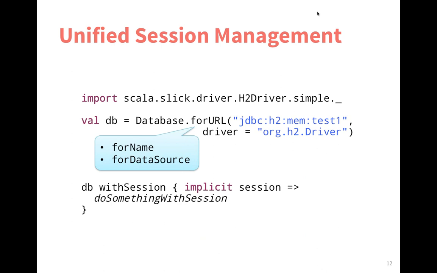When you have that DB object, you use something like withSession and pass that a block that will execute within the session. You can see we're marking the session as implicit here, and that's usually what you want to do. Every method in Slick that needs a session, so every method that actually accesses the database, takes that session as an implicit parameter.